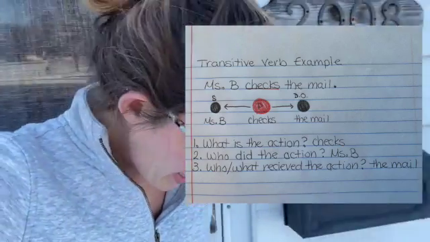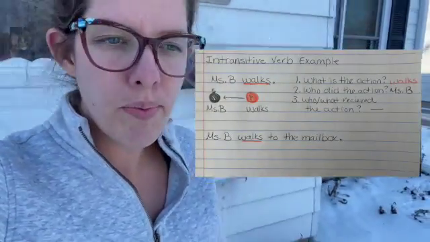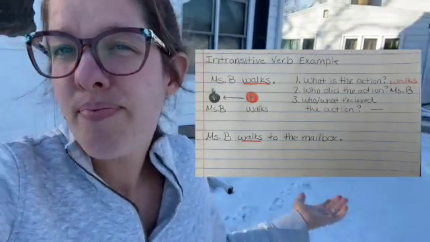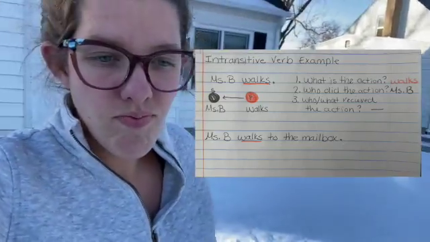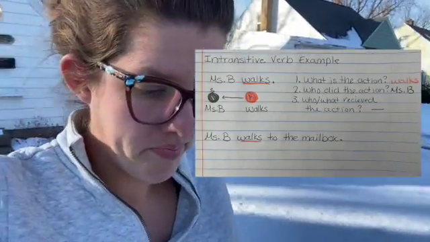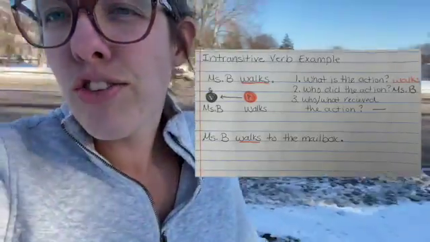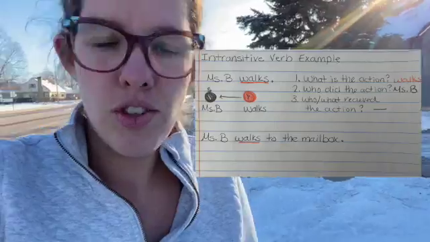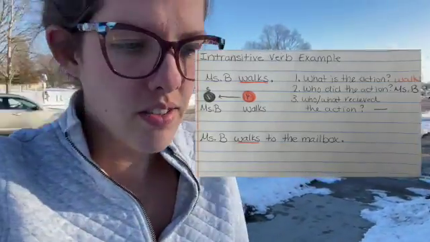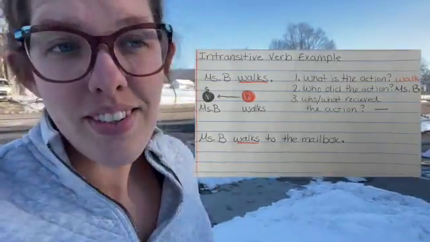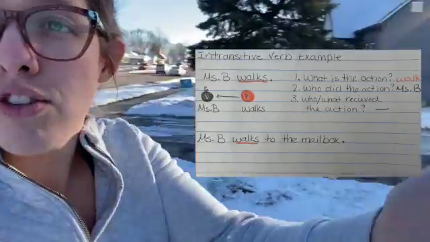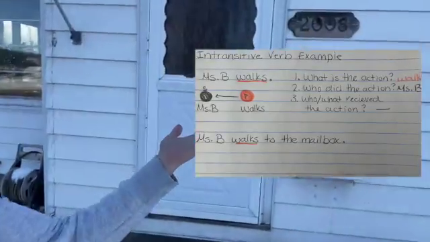I could also use an example for an intransitive verb. I could say, I walk. Walk is our verb. We can stop there. We don't need a direct object to transfer it onto. We can just say, I walk. We could add more details like, I walk to the mailbox.